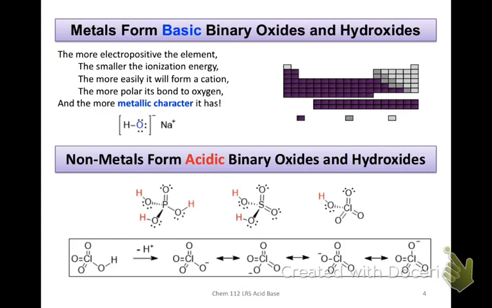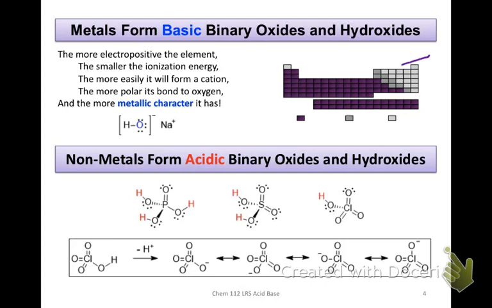It's very electropositive, and it's easy to take an electron off of it so that it has an octet or a noble gas configuration. This means it has more metallic character, and in that case, we would form a hydroxide when we put that substance into water. The active metals are group 1A and 2A. The cations are spectator ions, and the oxides and hydroxides are basic.